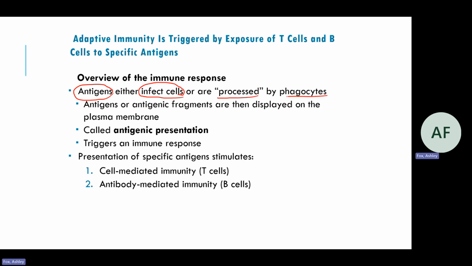The major ones are going to be neutrophils, but also macrophages. Remember, monocytes go into the tissues and become macrophages. So that's going to be the major one for that.